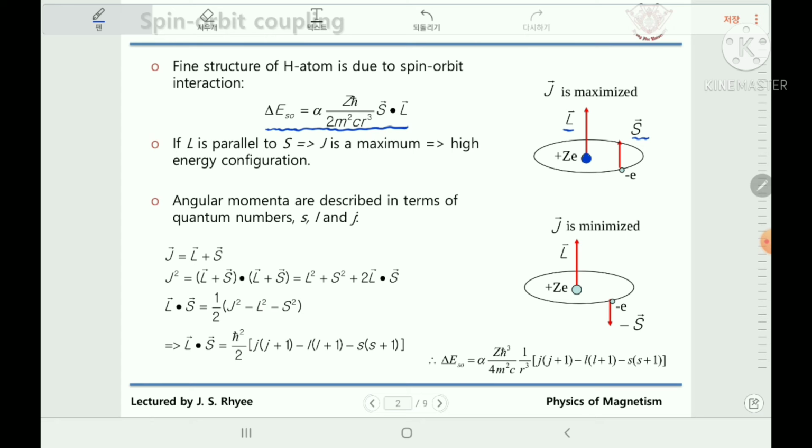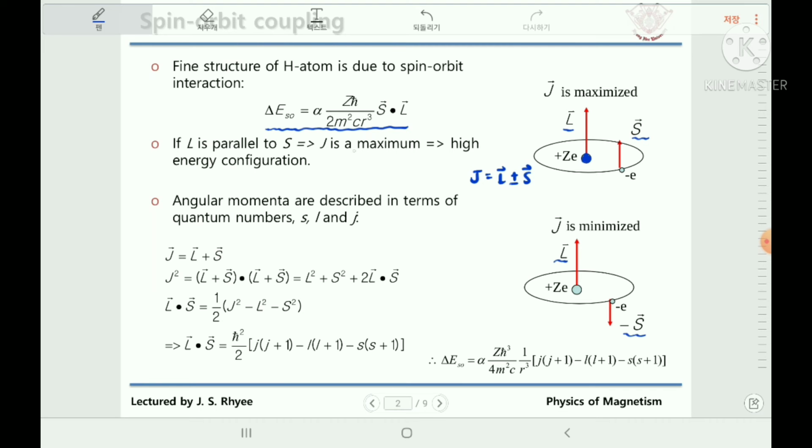And there are two possibilities. One is parallel alignment, L and S parallel with each other, and the other is L and S anti-parallel with each other. In the parallel case the total angular momentum is L plus S, which is the maximum. In the anti-parallel case it is minus, which minimizes the total angular momentum.